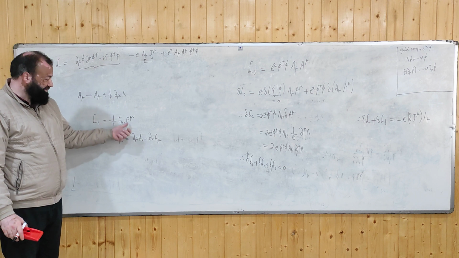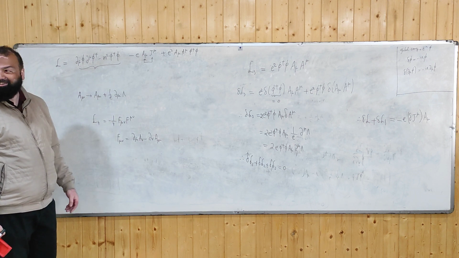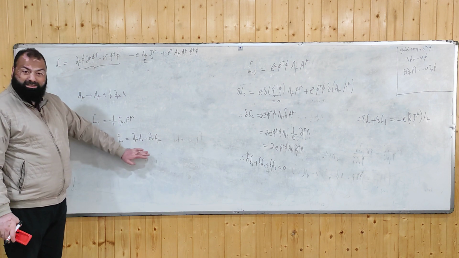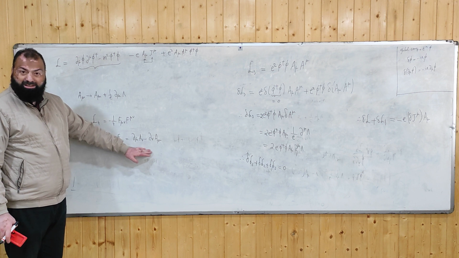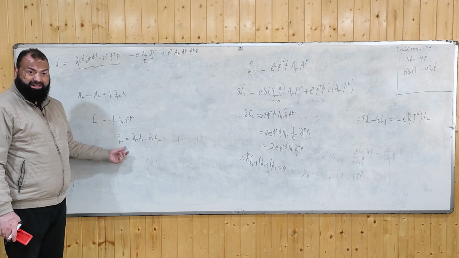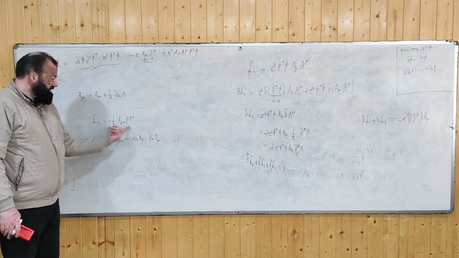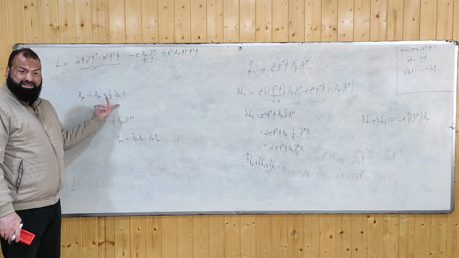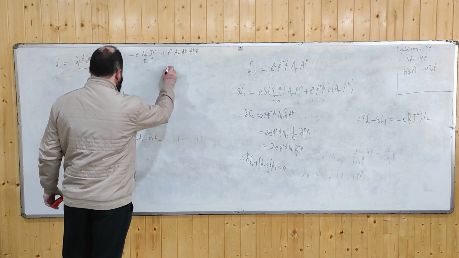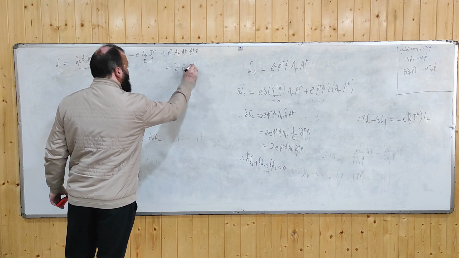We have already done this. It is a 4-dimensional curl, so it has only 6 components because it is an antisymmetric rank 2 tensor. You can see this very object is invariant under this very transformation. Clear? So therefore I will add this term here, minus 1 by 4 F mu nu F mu nu.